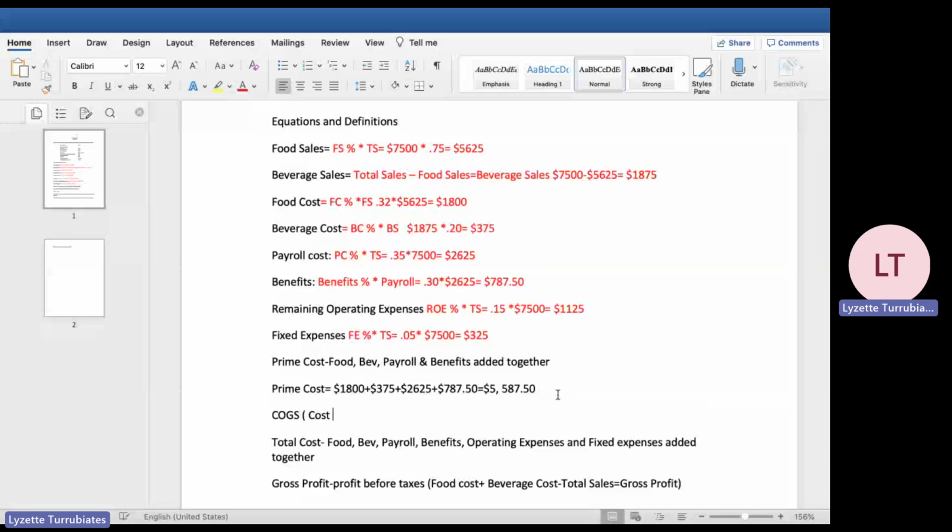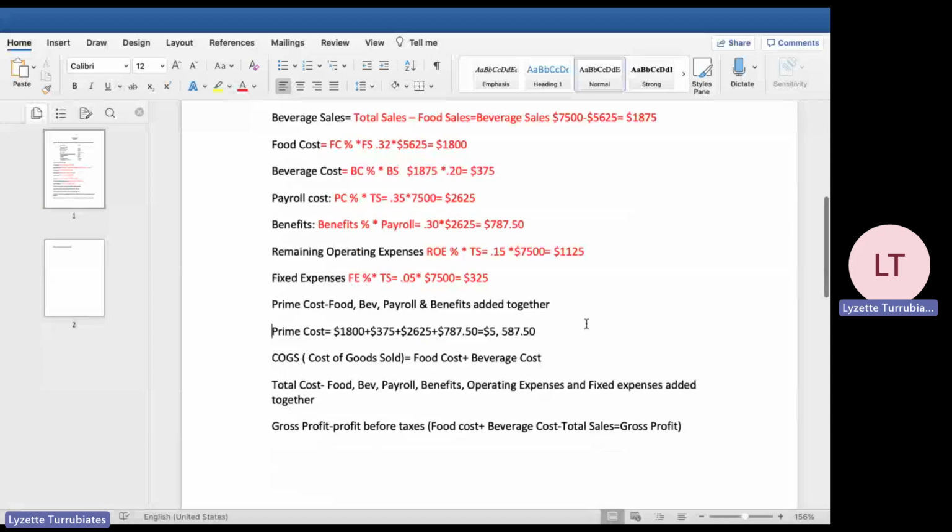Okay, if it's asking for that, it's asking for your food cost plus your beverage cost. Okay. Okay, and so now that we have our prime cost, highlight that so you know what that one is.